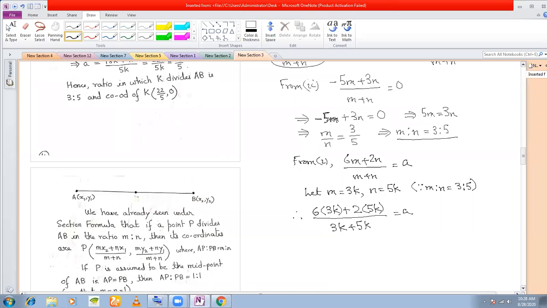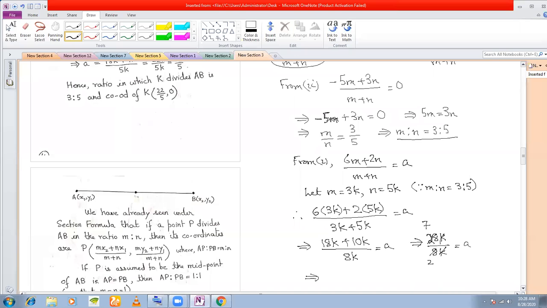is equal to a. That means 18k plus 10k divided by 8k is equal to a. That means 28k by 8k is equal to a. So k cancels, and you get 7 by 2.